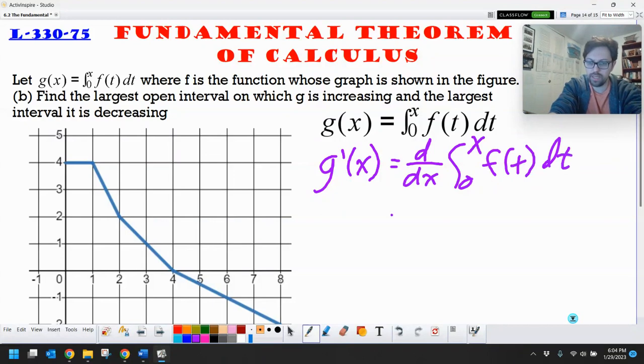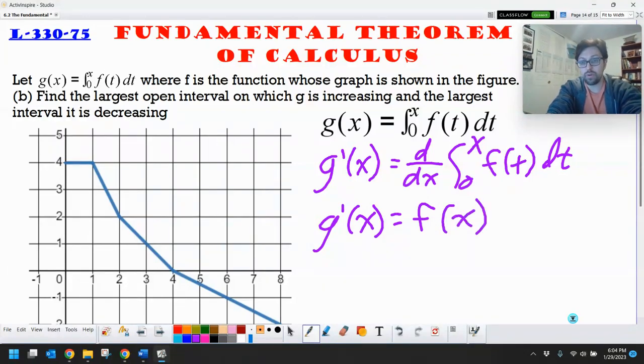Okay, well, the derivative of an antiderivative is just going to undo each other. So g prime of x is going to be the same as f of x. So in order to figure out where g is increasing and decreasing, I need to know where g prime is positive or negative, meaning I need to know when f is positive or negative.